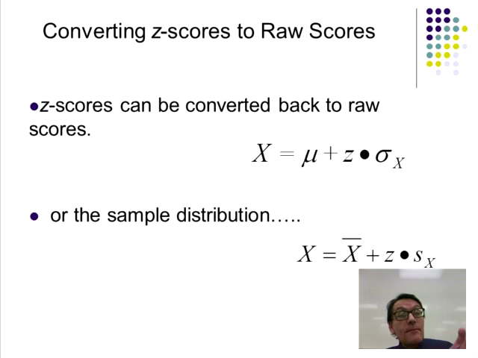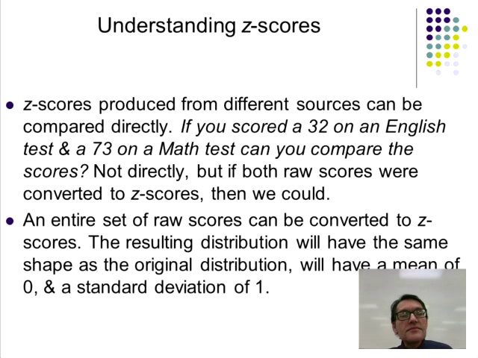So if you know a z-score and you want to bring it back to the raw score, looking at the bottom formula, you would take the sample mean and add the z-score times the standard deviation. If you calculate that, you'll end up with the original raw score that created that z-score. We're going to do some examples, definitely some examples.